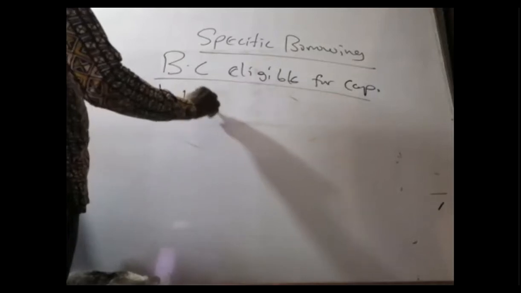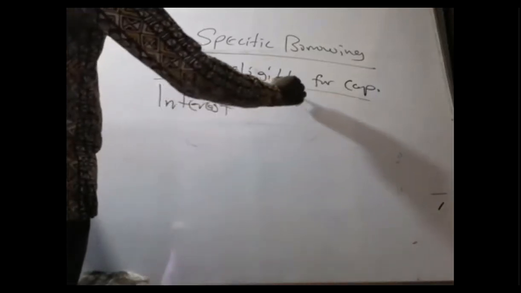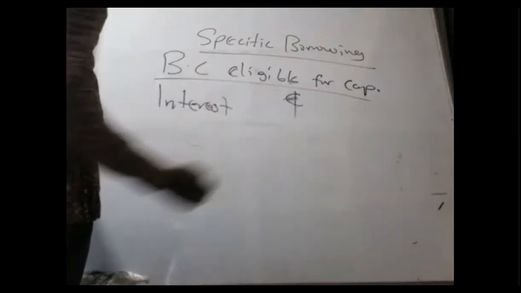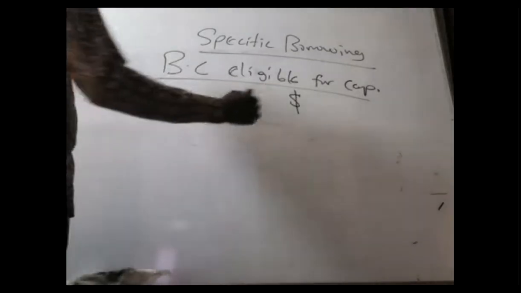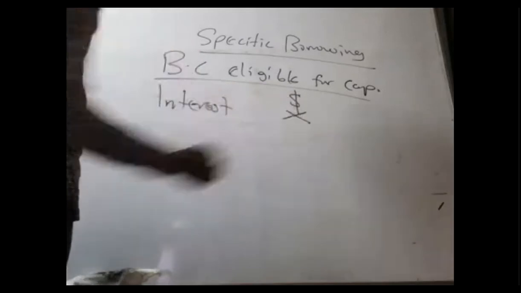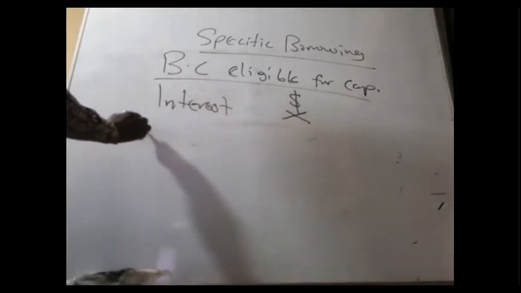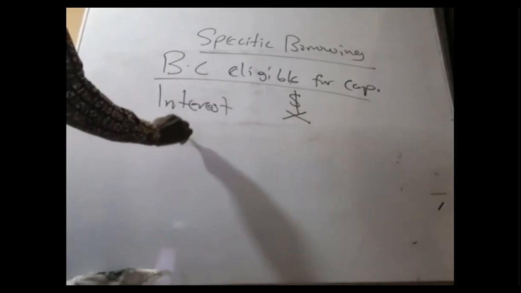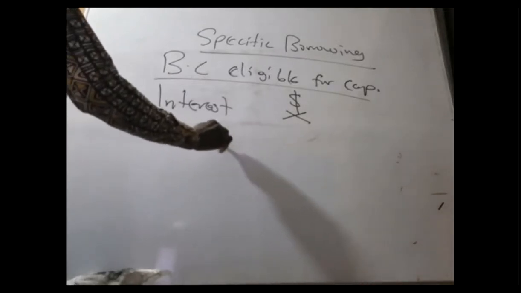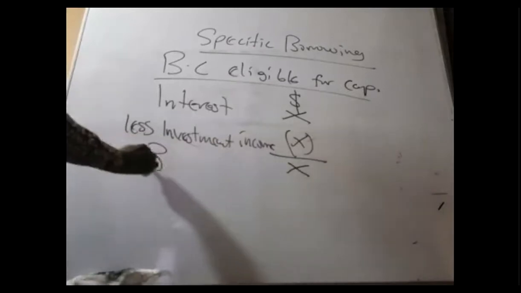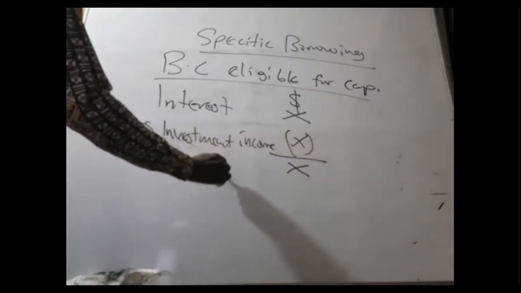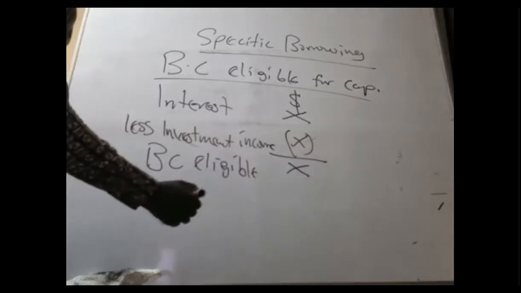The interest, let's put our currency here, probably working in dollars, so much, less investment income. Take off whatever investment income you get, and that is the borrowing cost eligible for capitalization.